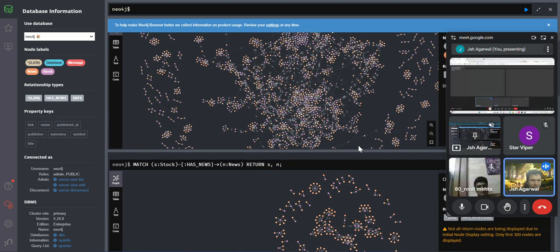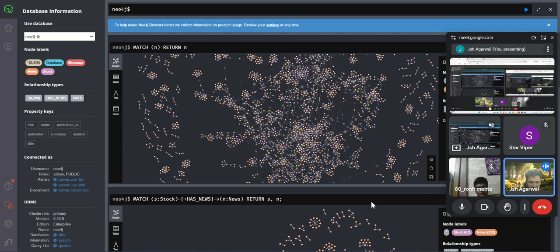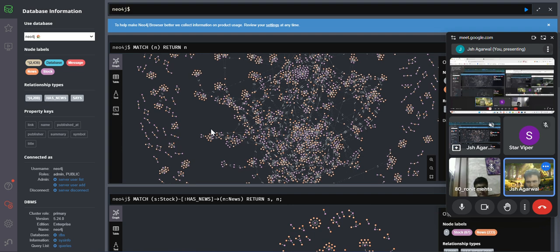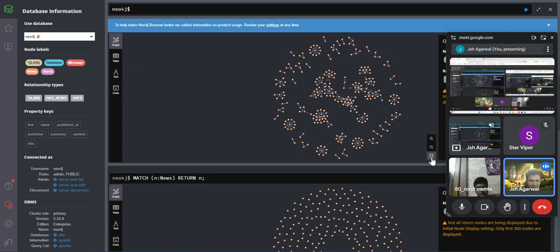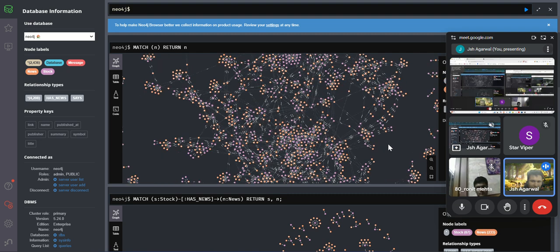As you can see, there are various nodes, various matches. If we zoom into this, we can find the various news and their connecting nodes, the entities to which the news is linked.